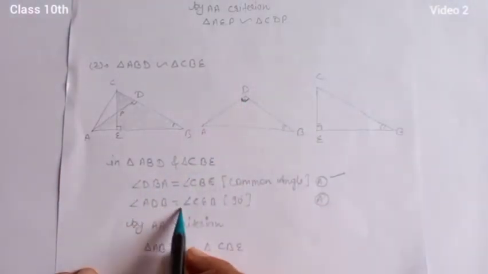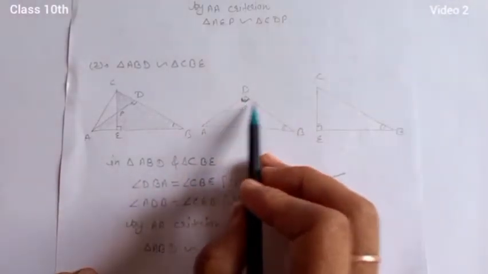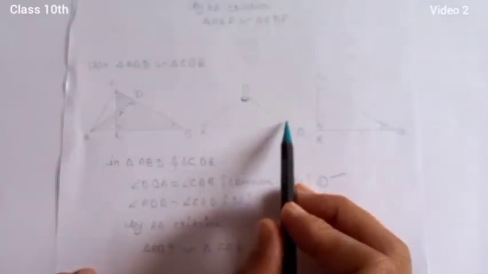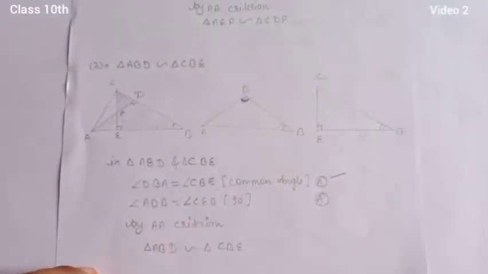Angle ABD is equal to angle CEB. These two are right angles and this angle B is common in both triangles. So by the AA criterion we can say both triangles are similar, and we can prove here that triangle ABD is similar to triangle CBE.